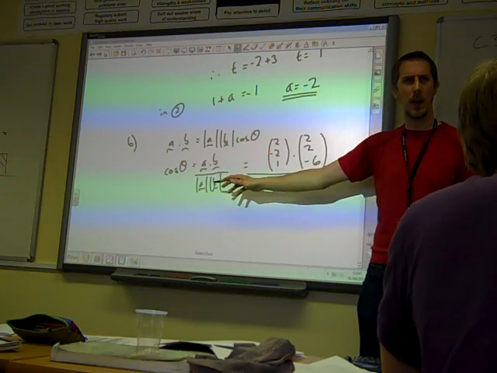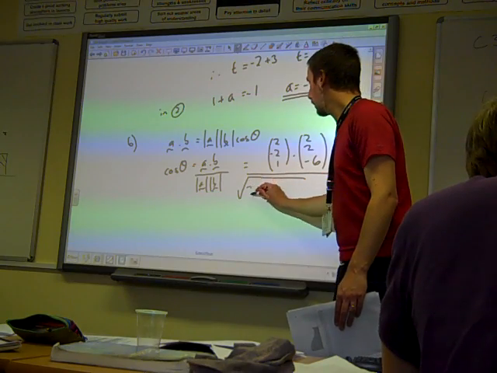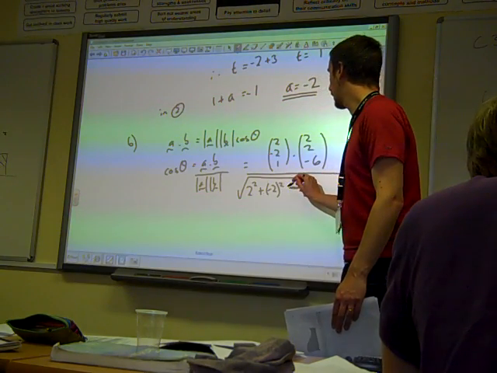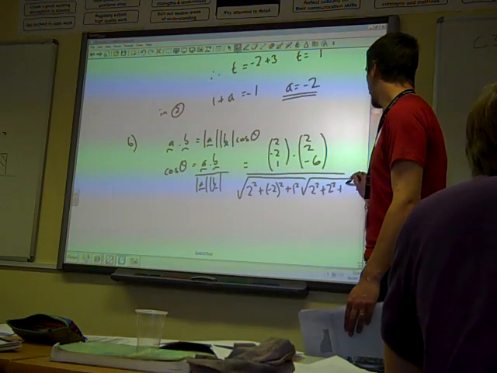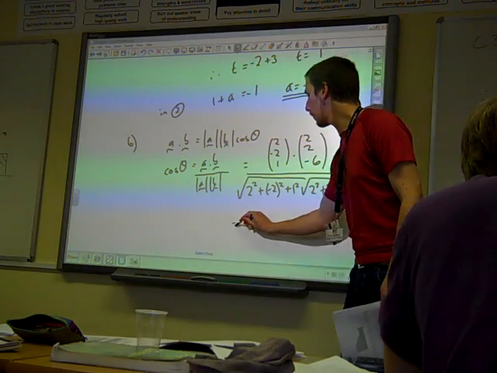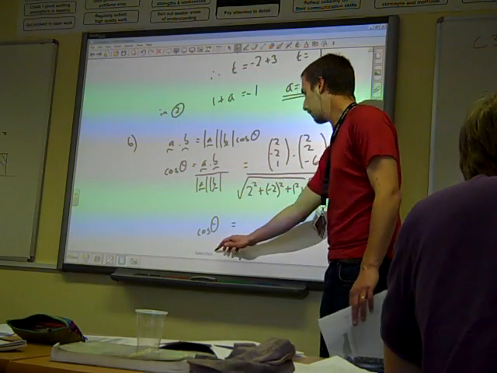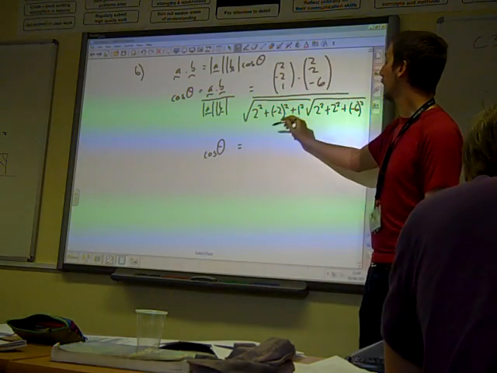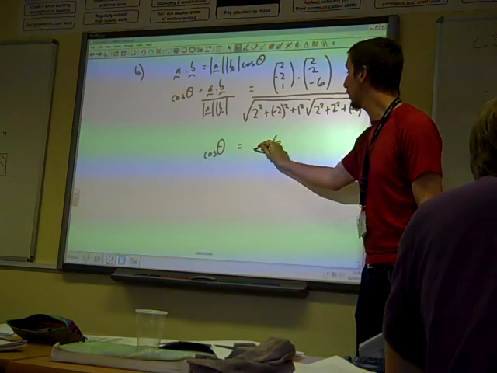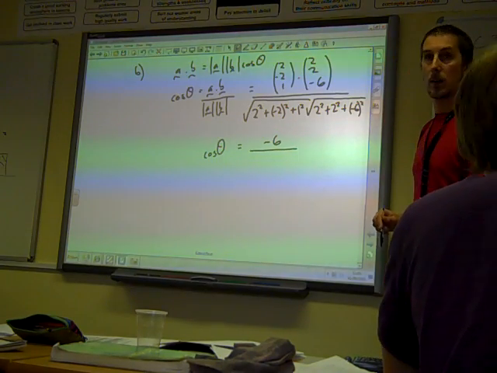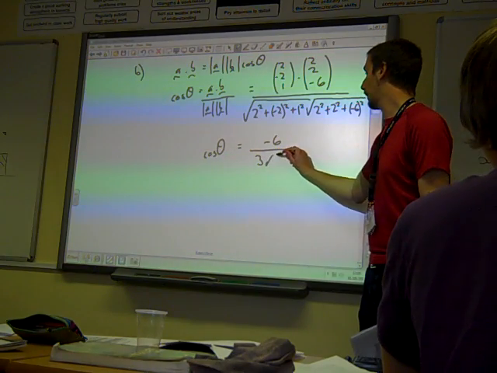The modulus of a vector, the magnitude of a vector, is the square root of each of the components squared, added together. It's like Pythagoras' theorem extended into 3 dimensions. So here the cosine of the angle is 4 - 4 - 6, so it's -6 over 3 times root 44.